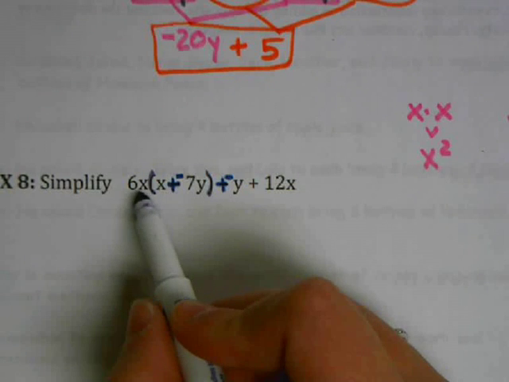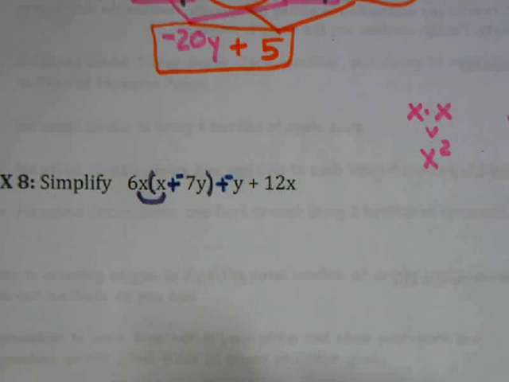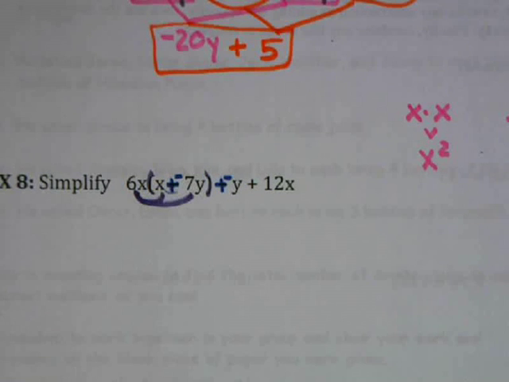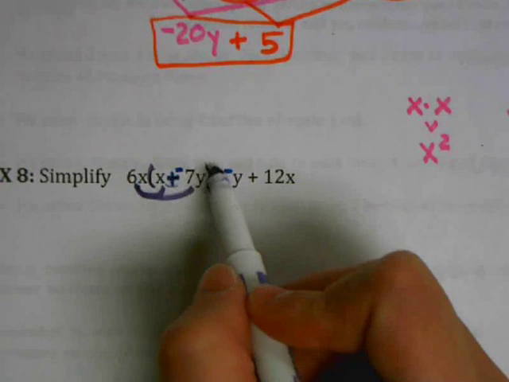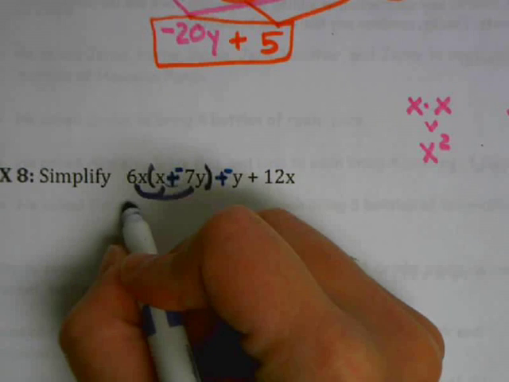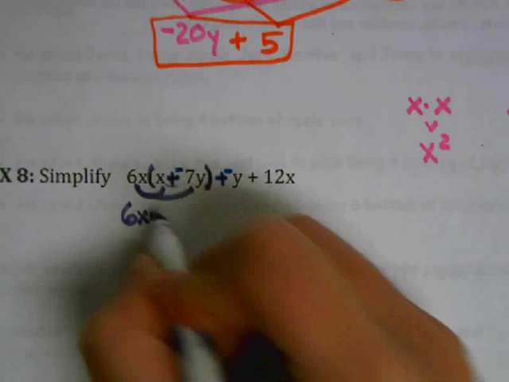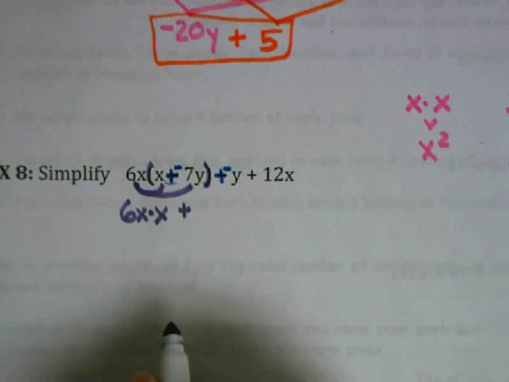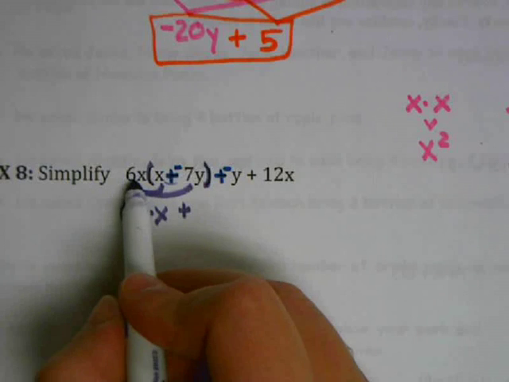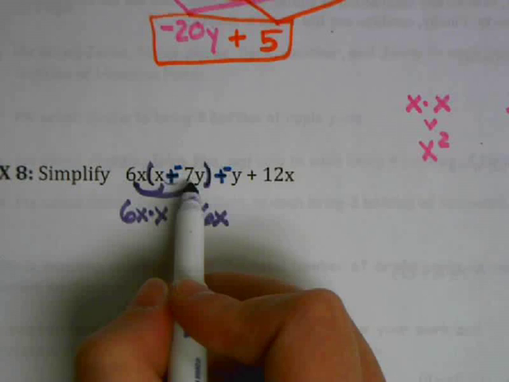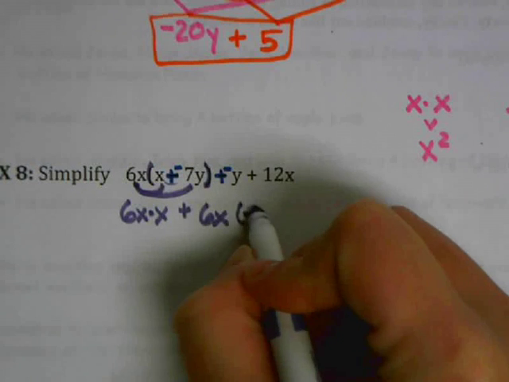Now let's see what this is going to look like. This time we have a 6x on the outside. 6x times 6 times x plus 6x times -7y. And then the distributive property is going to end because our parentheses end. So let's see what that looks like if we write it out. 6x times x plus 6x times this whole -7y.